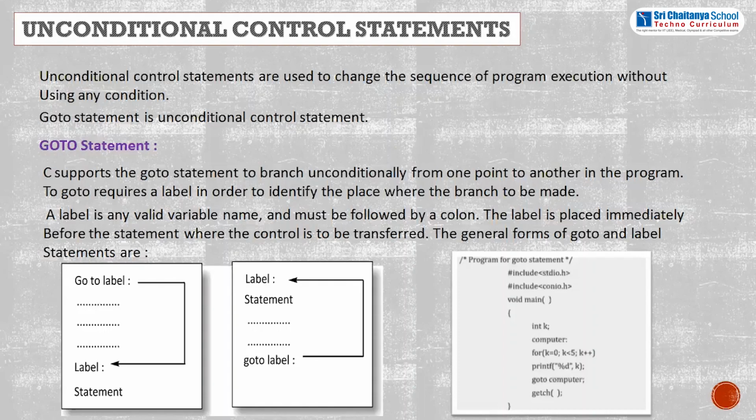As of now, you understand the printf statements. In the coming slides, I will explain the for statement. After that, we have a statement called goto computer. What happens in this goto computer is, once this goto statement is seen, the control is immediately transferred to the label computer, and after that the statements are executed. After that, we have the getch, and finally the program ends.